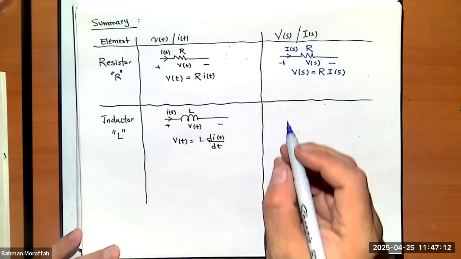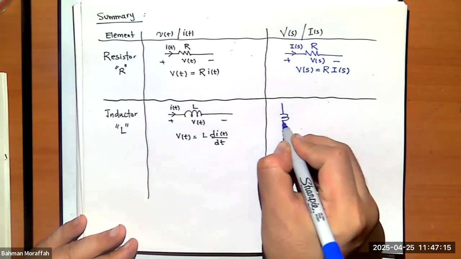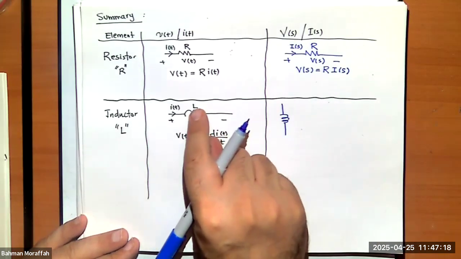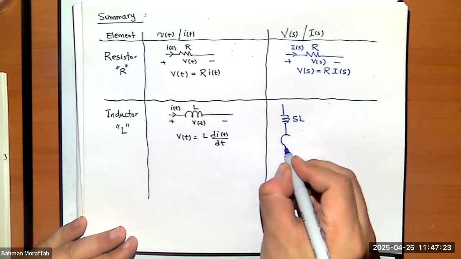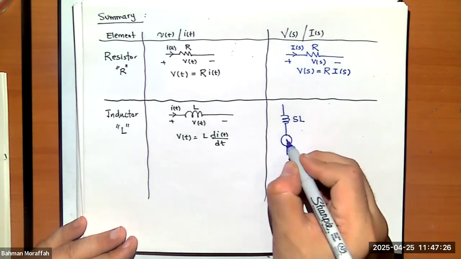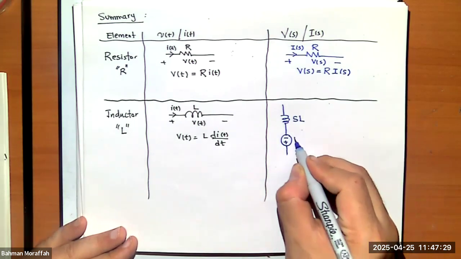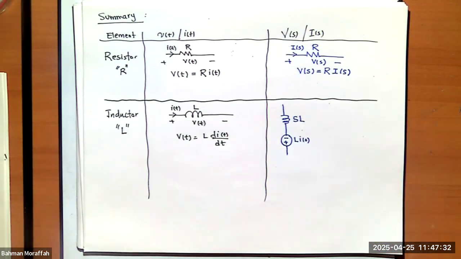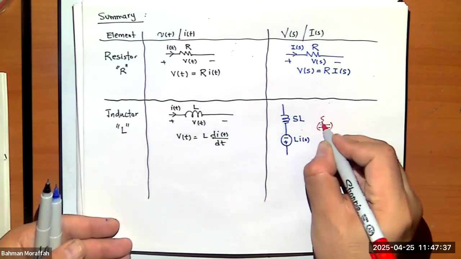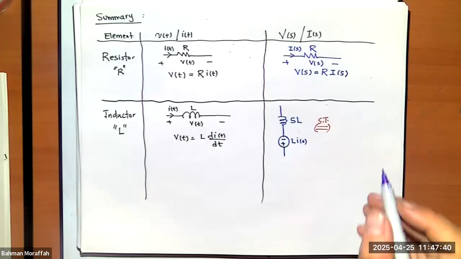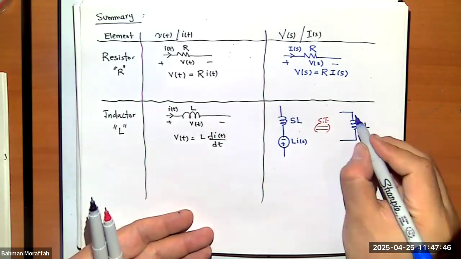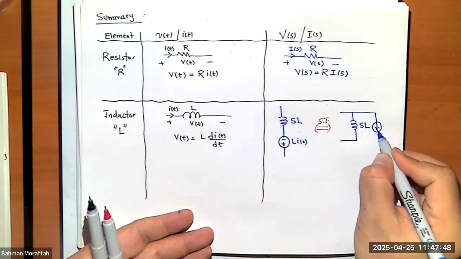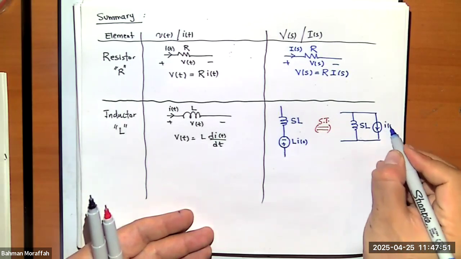I know I can replace this inductor by its equivalent, which is sL, but this must be followed by a voltage source with negative-positive polarity here. So I evaluated at 0. We said we can use source transformation and rewrite this as sL with a current source going with value i naught over s.